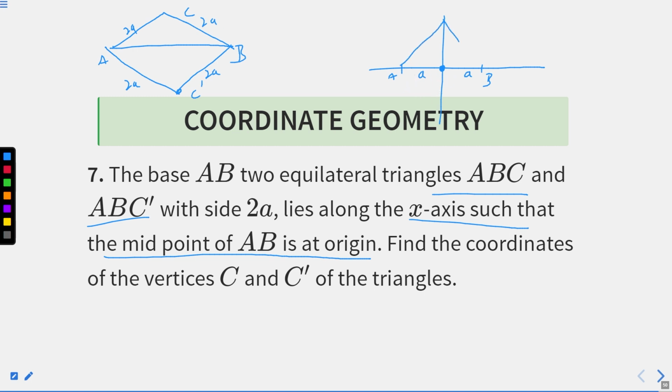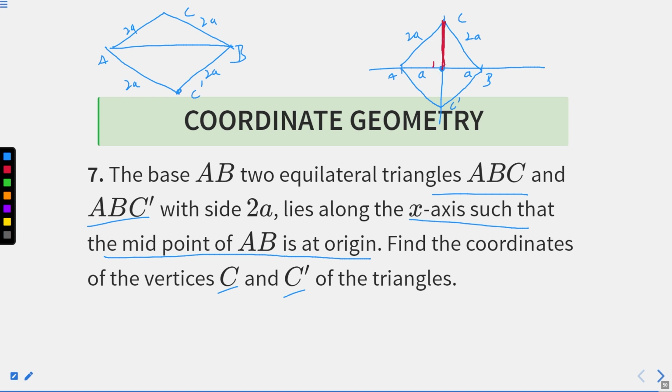Now C is like this, with 2a, 2a, and here is also C dash. Now we have to find C and C dash. So what do we have to do? We have to find out this distance.